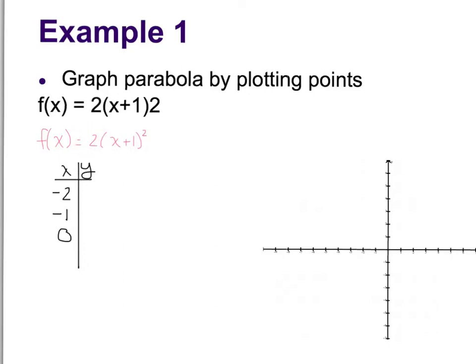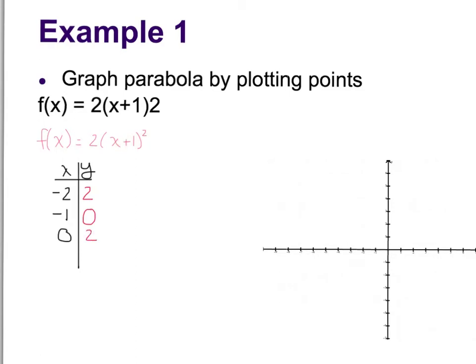When we input -2, we get -2 plus 1, -1 squared. That's 1, times 2 is 2. When we input -1, -1 plus 1 is 0, squared is 0, and 2 times 0 is 0. When we input 0, 0 plus 1 is 1, squared is 1, times 2 is 2.